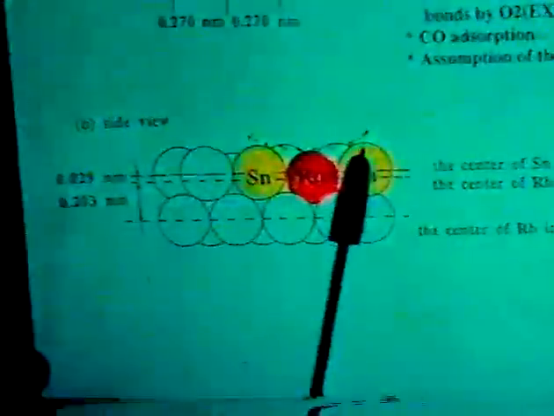The diameter of tin is about 0.280 nanometer, and the diameter of rhodium is 0.268 nanometer. Therefore, the diameter of tin is larger than the diameter of rhodium. Therefore, the level of tin is higher than the rhodium level. Therefore, we can make the preferable geometry for NO dissociation we predicted in the strategy.